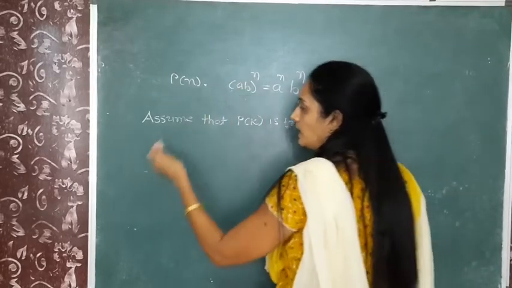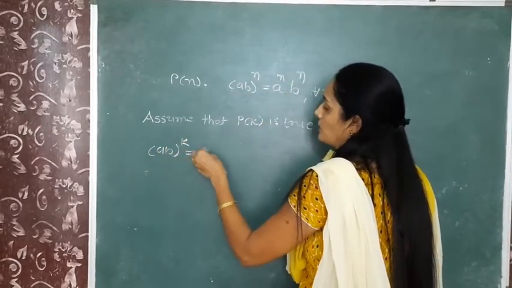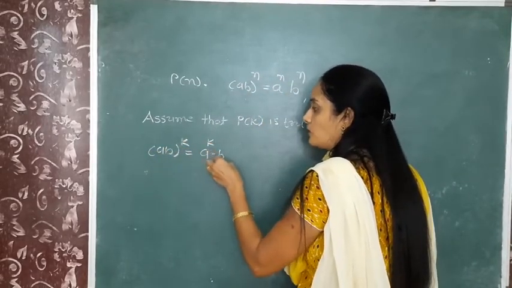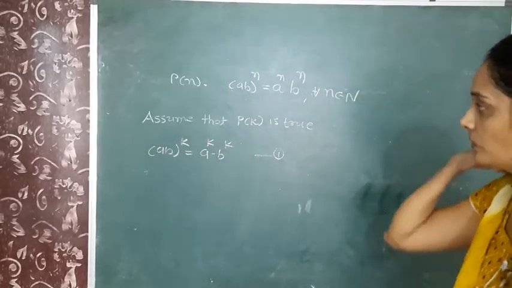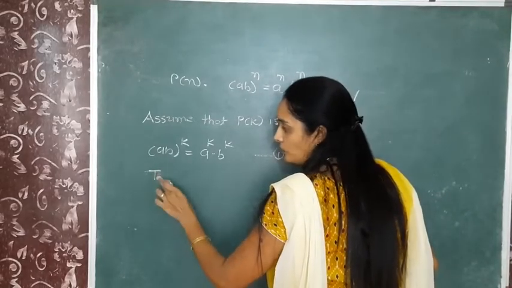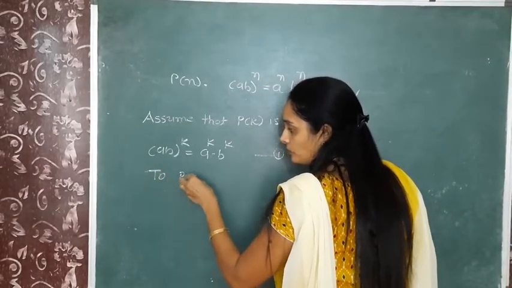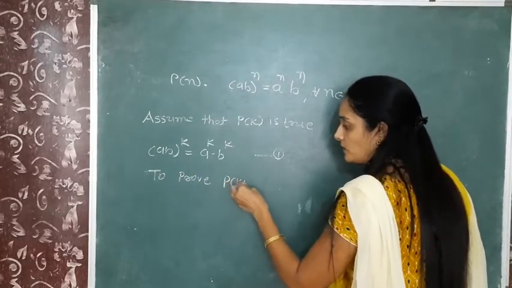So we can write that AB raised to k is equals to A raised to k into B raised to k. Okay. Now we have to prove P of k plus 1 is true.